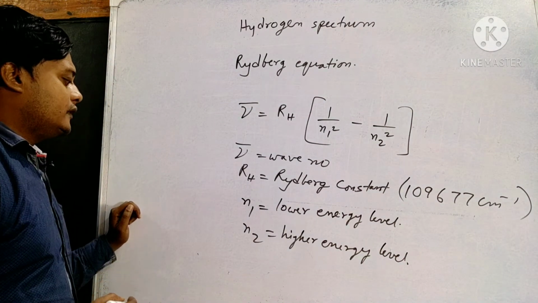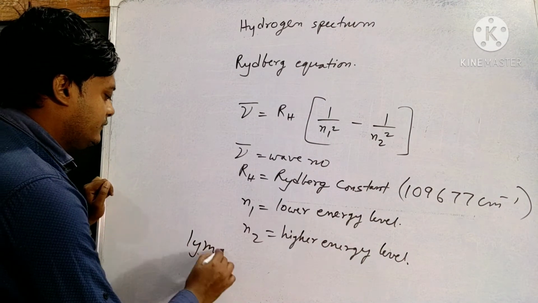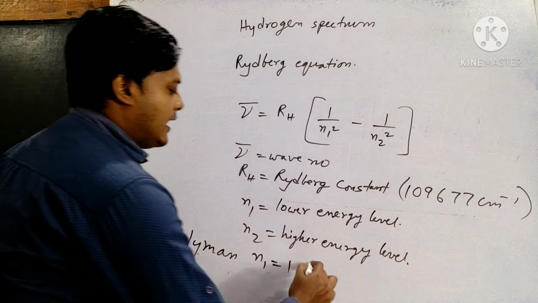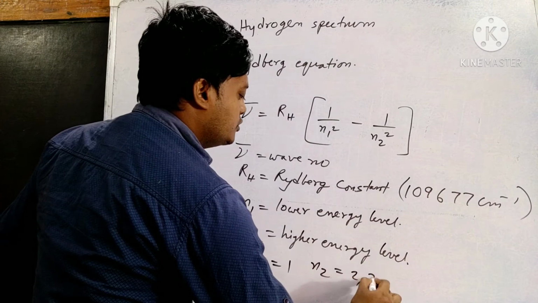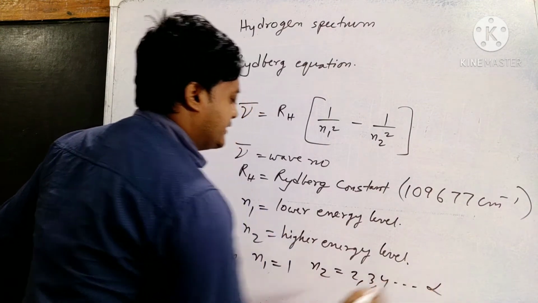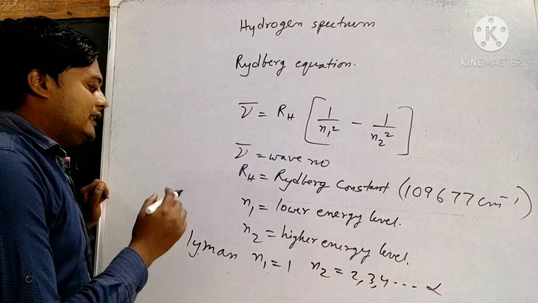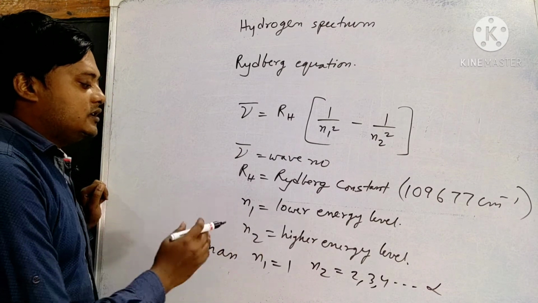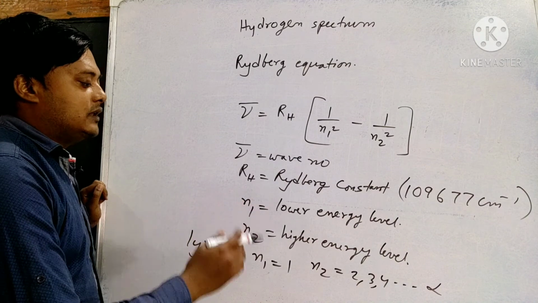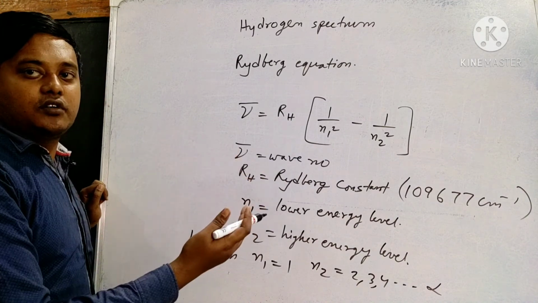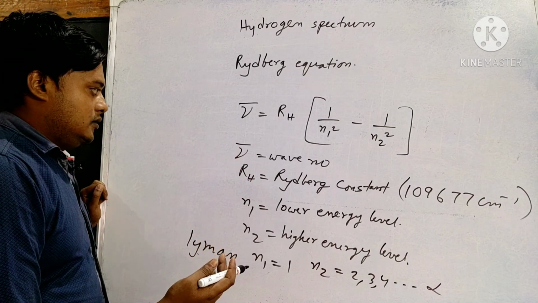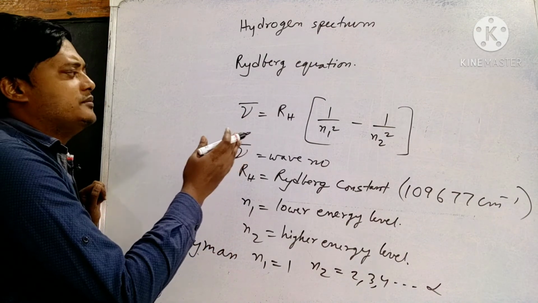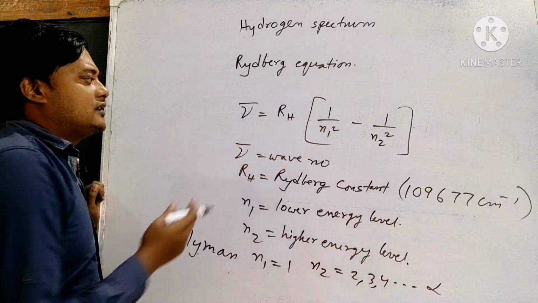Now see, for Lyman, n1 equals 1 and n2 equals 2, 3, 4, and so on up to infinity. For Balmer, n1 is 2, and n2 is 3, 4, 5 from the next orbit. So different spectral series have different Rydberg equations, where n1 and n2 will vary.